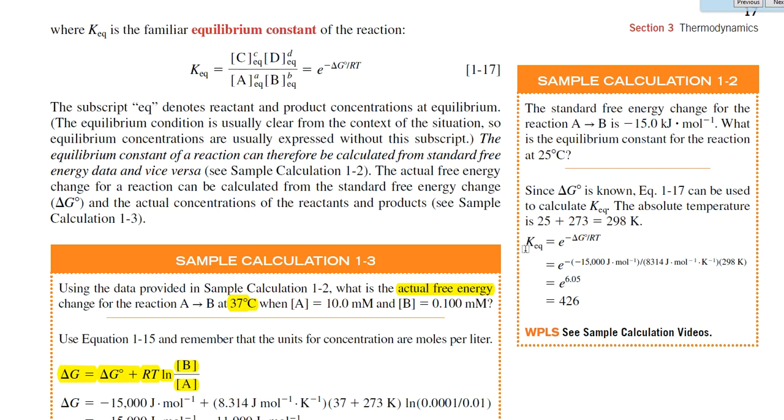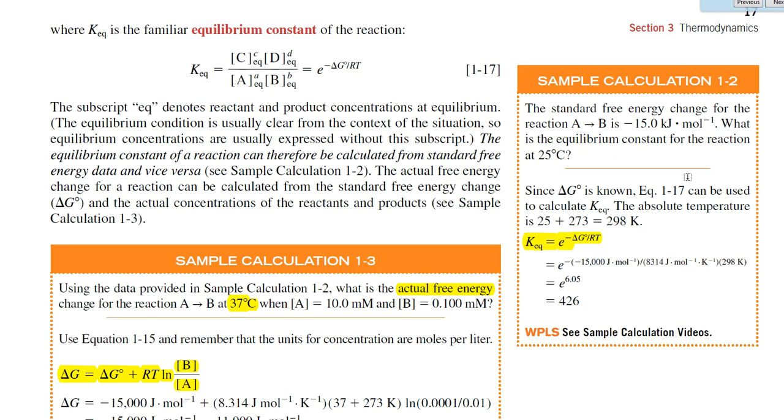How will you find it? K equilibrium equals e to the power minus del G0, that is the standard free energy, divided by RT. You have to learn this formula. We know the standard free energy value, R is 8.314 joule per mole per Kelvin, and T is 298.